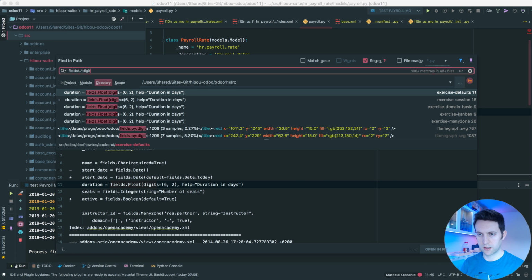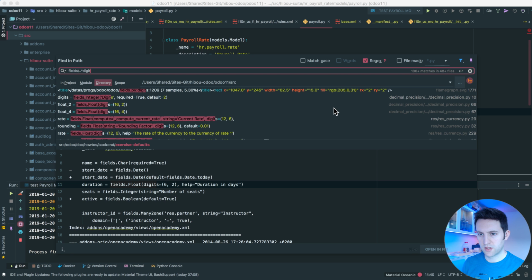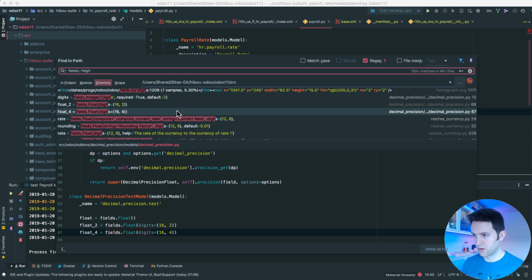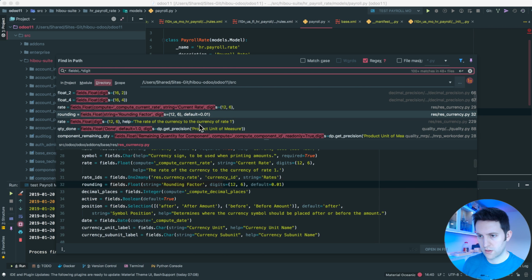Unless the 6 part is... Let's see what else we can find. 16.4 sounds even better. 12 res currency, that sounds good. 12.6.